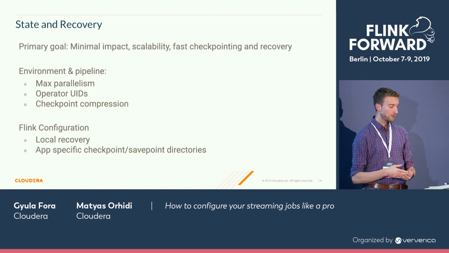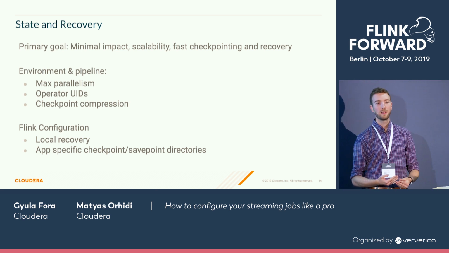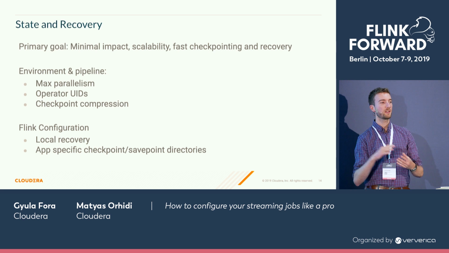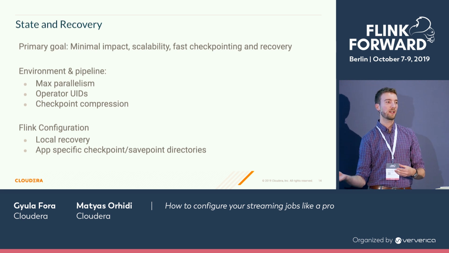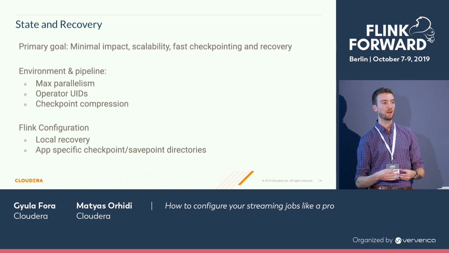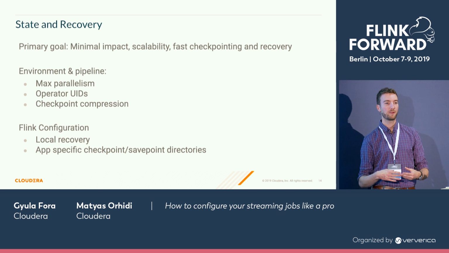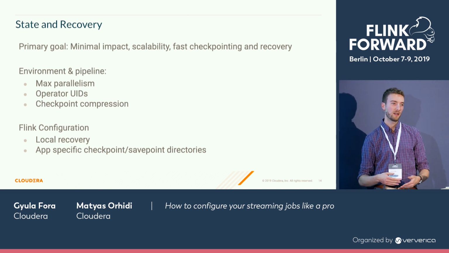As for the Flink configuration, I suggest you always enable local recovery. What this does is, in addition to storing the checkpoints to the distributed storage, your Flink application will also keep a local copy of it. So on recovery, it can just pick it up from the local disk instead of having to copy it from the network.